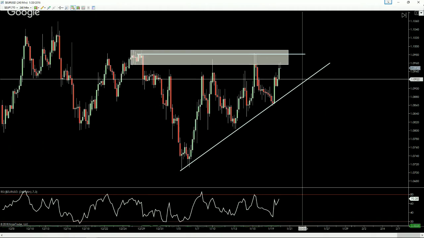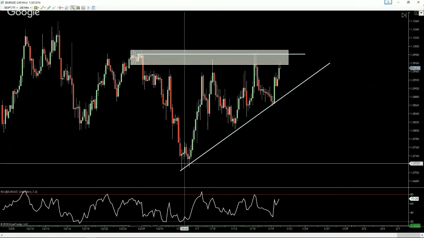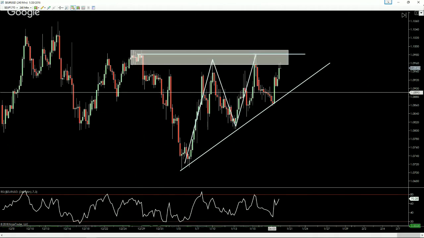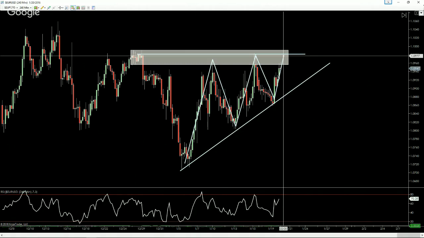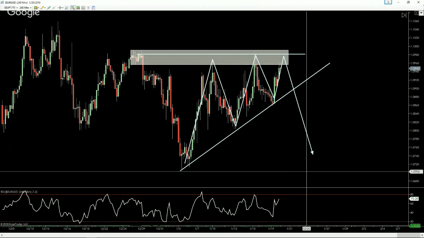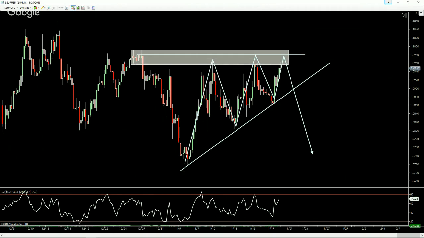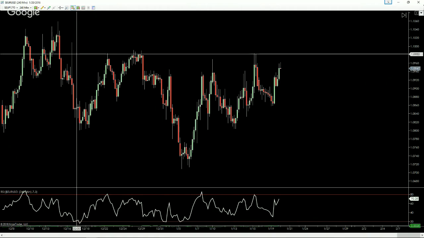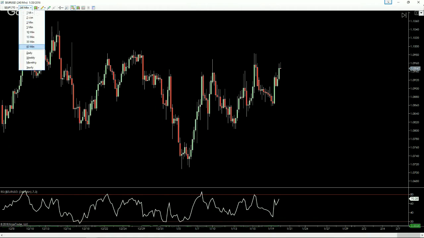And what tends to happen when price forms this kind of triangle is that it continues on to the downside. So let's delete that and go to our 60-minute.